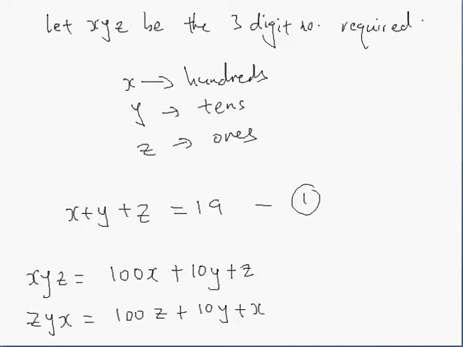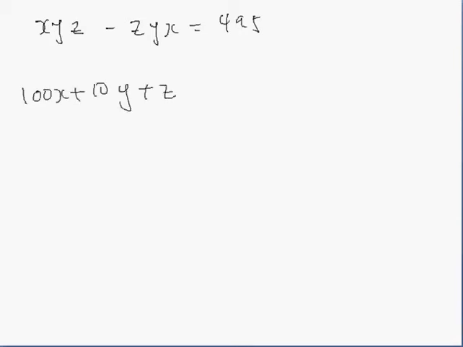And this is how we get our second equation. So x, y, z minus z, y, x equals 495. So we have 100x plus 10y plus z minus 100z plus 10y plus x equals 495.